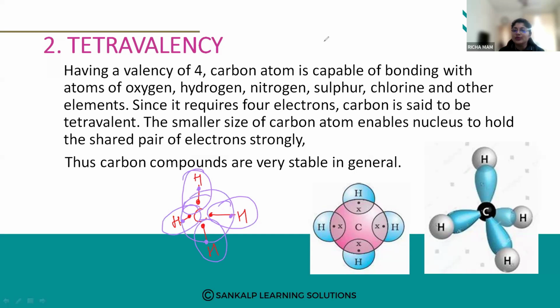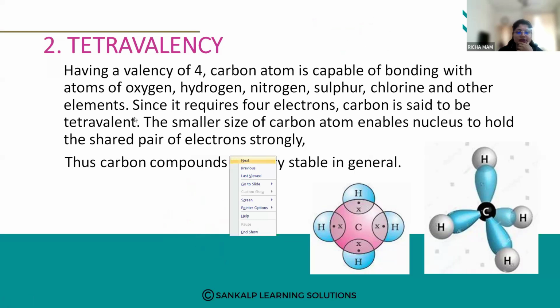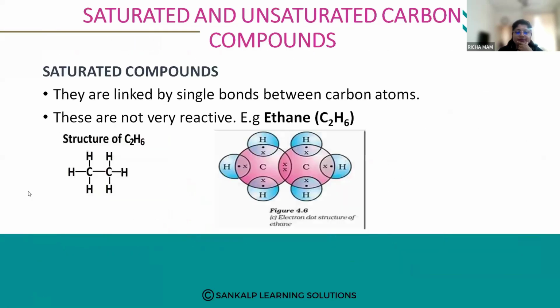So there are two important properties. One is catenation and the other is tetravalency. Understood? What is catenation? What is tetravalency? Because of that, carbon compounds are very stable.